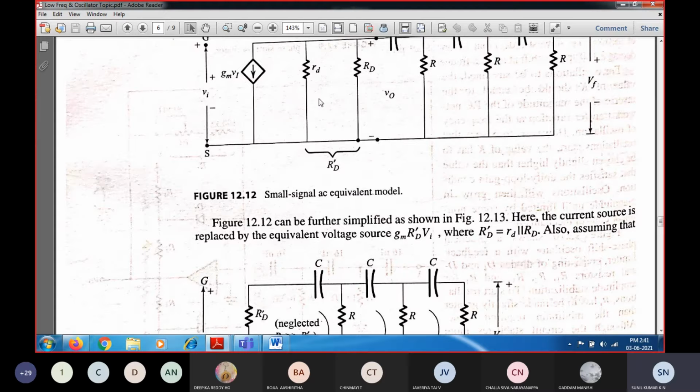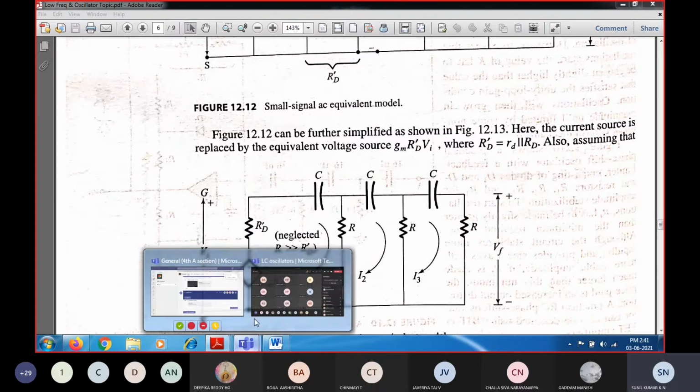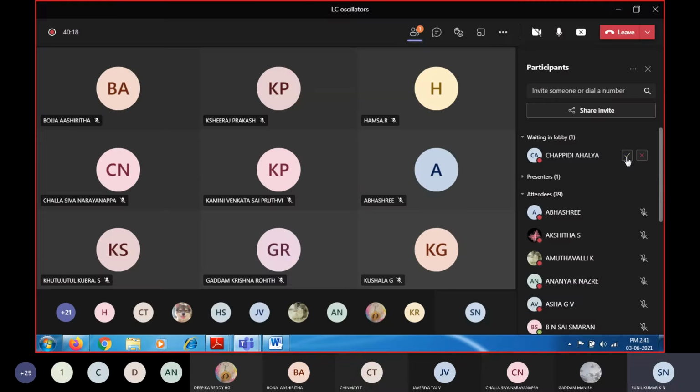Since these two are connected in parallel, I can write this as a voltage source connected in series with the resistance, and because of that, the voltage across this node will be equal to V naught.